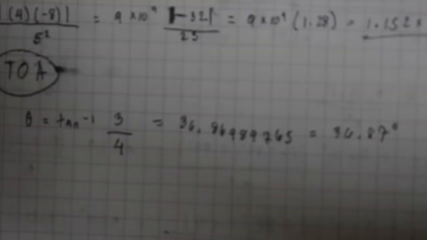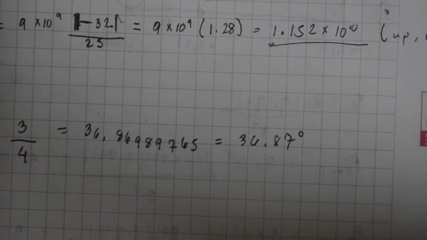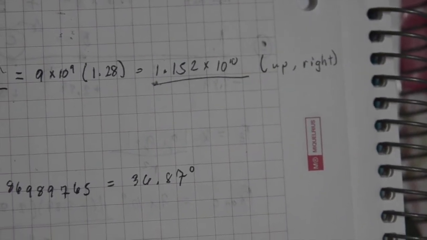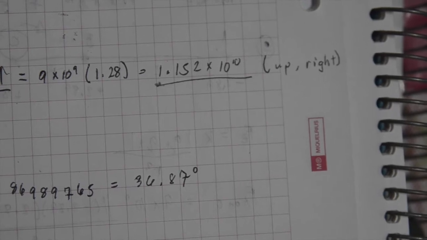Alright, so now we can look for the vertical and horizontal components of the force exerted by D on B. So for the vertical, the force is 1.152 times 10 to the 10th, right?